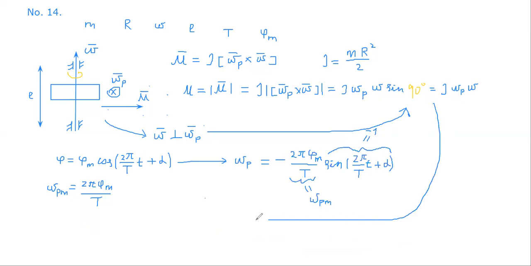Okay, let's use this. Maximum value of moment of gyroscopic forces is equal to I omega p multiplied by omega.